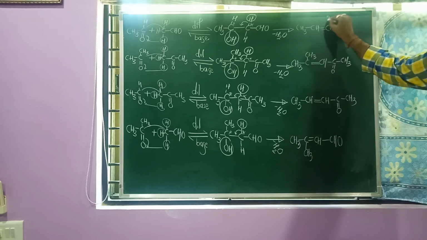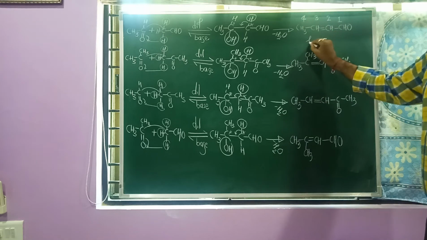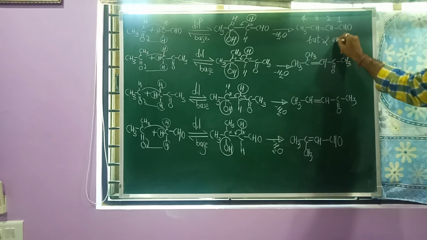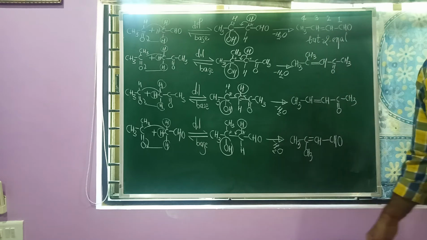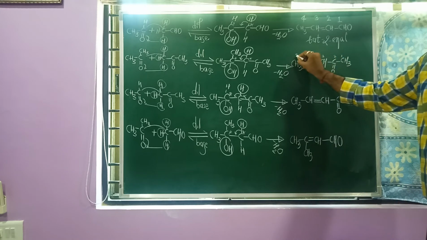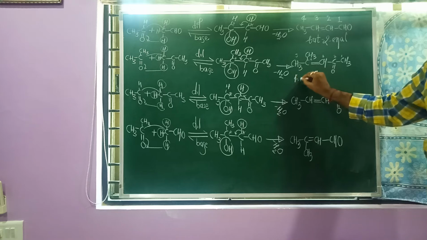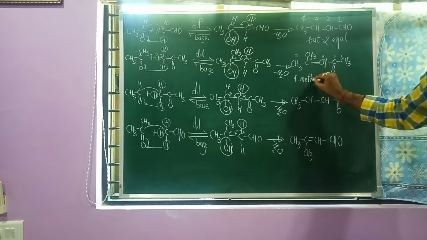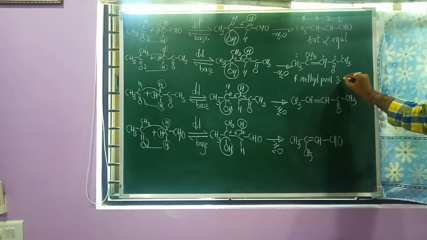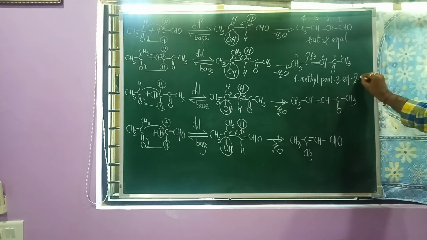Numbering will start from this side, 1, 2, 3, 4. As we discussed in aldol condensation, the name of this compound is but-2-enal. 1, 2, 3, 4 and 5. Carbon 4 contains a methyl. So the name of this compound is 4-methylpent-3-en-2-one.